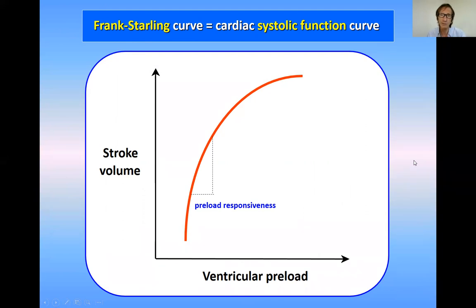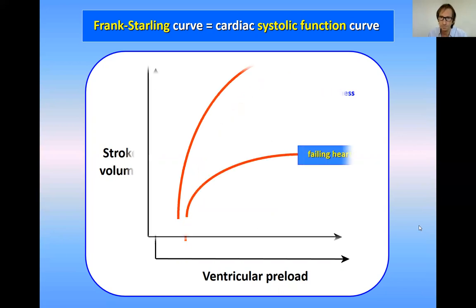But if the ventricle is dilated and operates on the flat part of the Frank-Starling curve, the same increase in preload would not increase stroke volume, and this condition is called preload unresponsiveness.